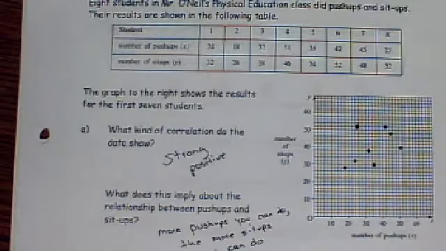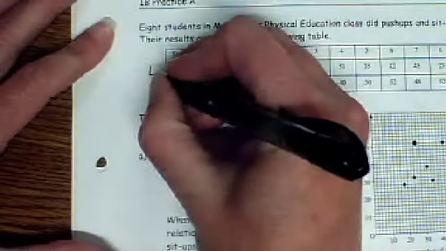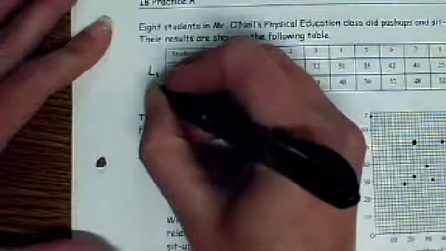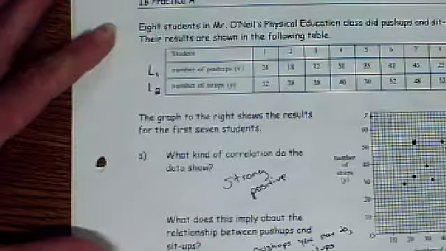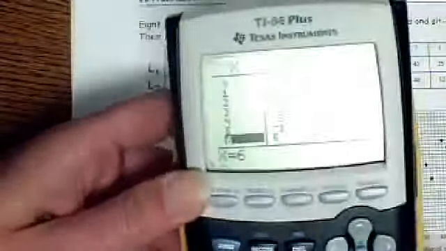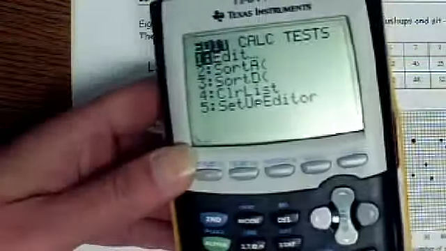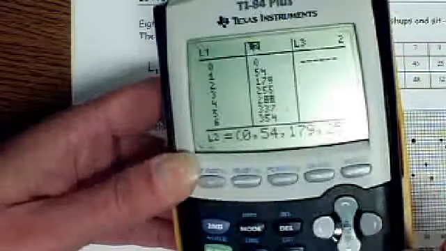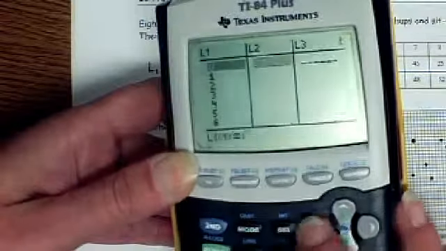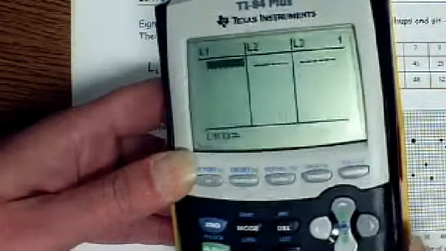So let's review how to put data in the calculator. Now this time, we actually have an x and a y value. So when we go into our calculator, we're going to put the x values in L1 and the y values in L2. So remember, to put in those values, we're going to go to Stat, Edit, and then clear out anything that we have under our values.